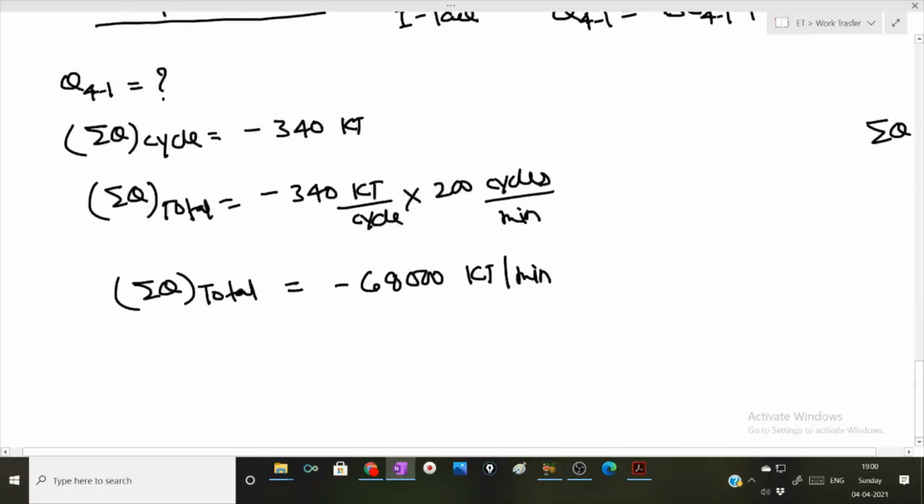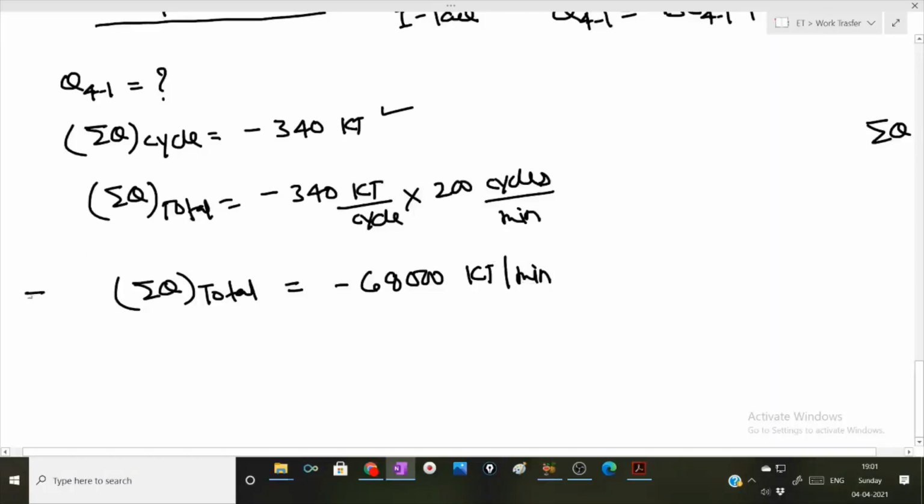Okay, so this is the net heat transfer in a cycle. There are 200 cycles per minute undergone by the system, so net heat transfer for a total of 200 cycles will be minus 68,000 kilojoule per minute.